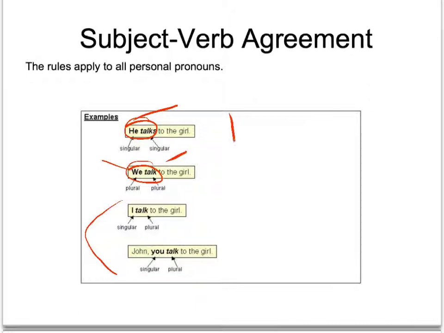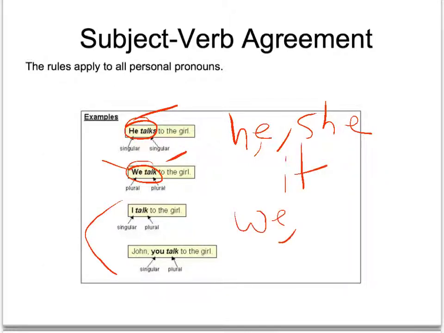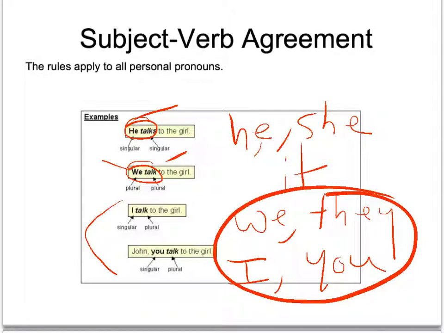So, he, she, and it all use the singular form. We and they, I and you use the plural form. You have to use the plural form of the verb with these. Just like we talk, I talk, you talk. But you would say he talks, she talks, it talks. It doesn't make sense, but you have to memorize this exception to the rule.